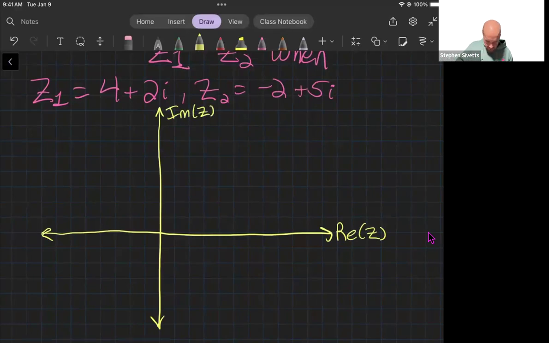So z1 was 4 plus 2i. So that'll be a vector in the first quadrant. So z1, so 1, 2, 3, 4, 5, 6, 7, 8. I should label out these hash marks. I don't want to get too sloppy.